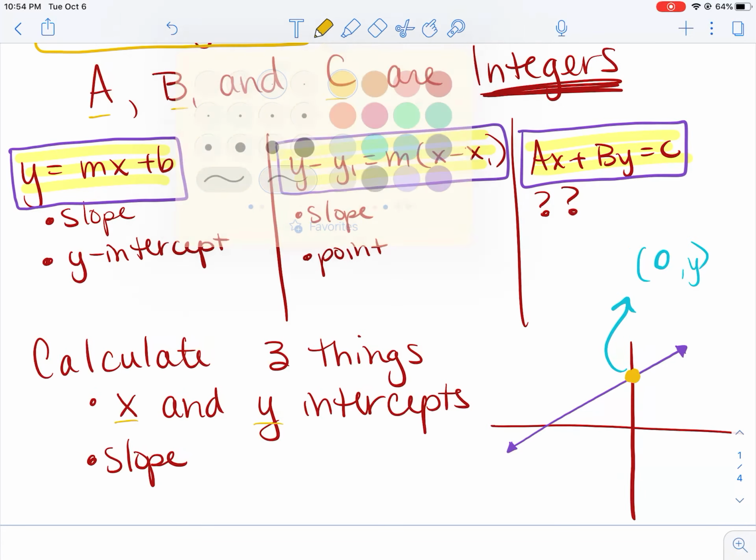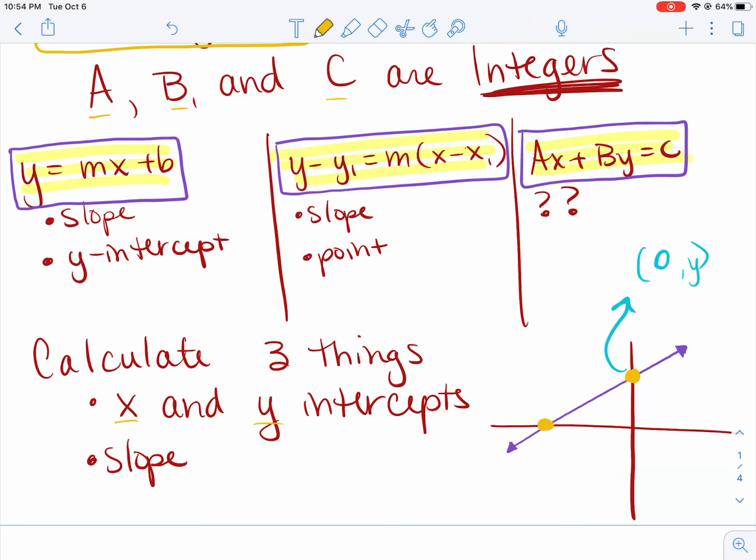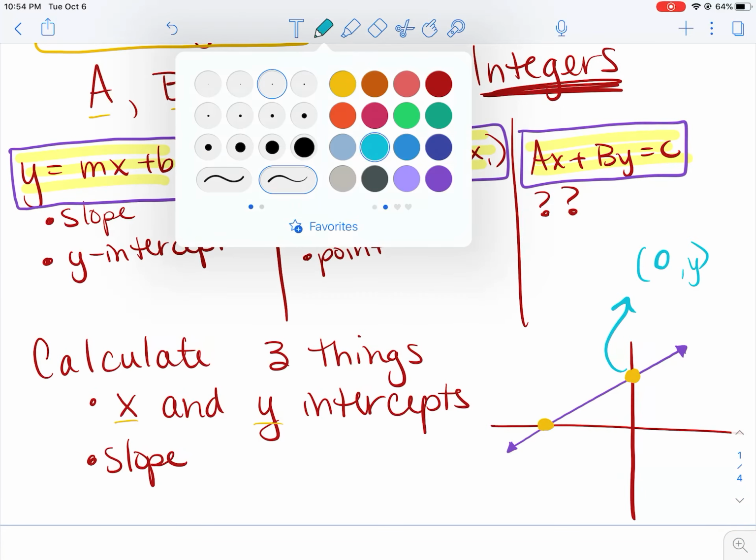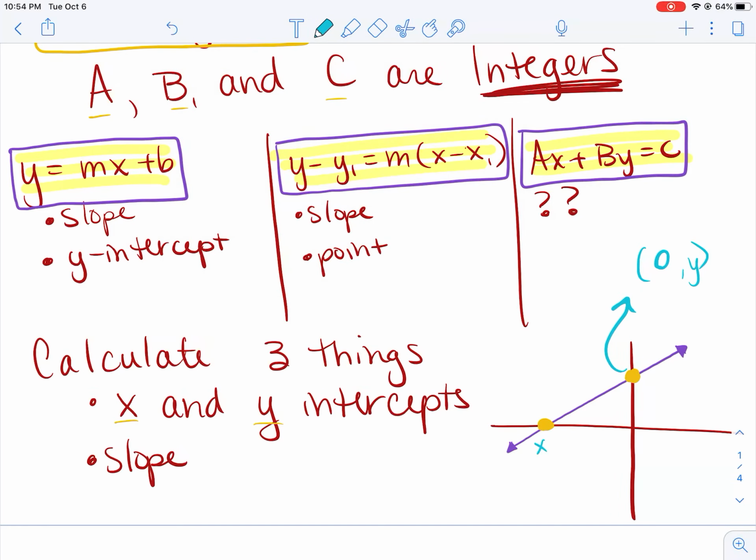And vice versa for this x-intercept down here, we don't know what x is, but we do know that y is 0 because we didn't move up or down to get anywhere. So we're going to use this concept of the zeros to help us calculate the x and y intercepts.